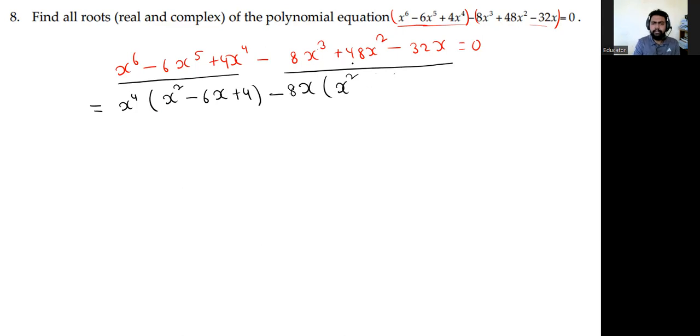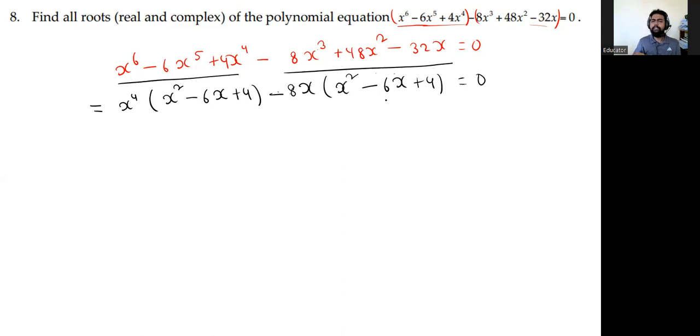After that, here I have taken negative common. So this is positive, one negative has been taken common, so negative and positive will make a negative. And this will make 6x because 8 has been taken as common. And here, like x I have taken as common, so x is left over there. And here I would be left with plus 4 is equal to 0.